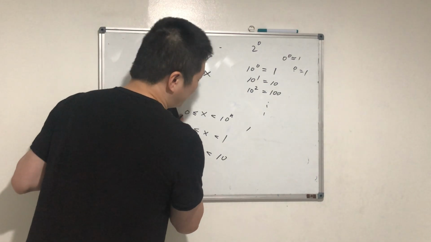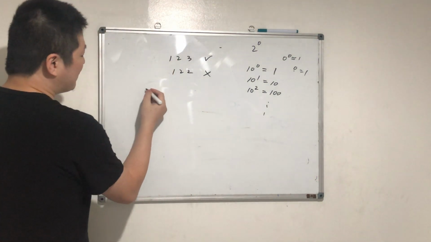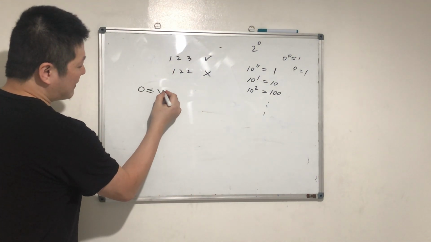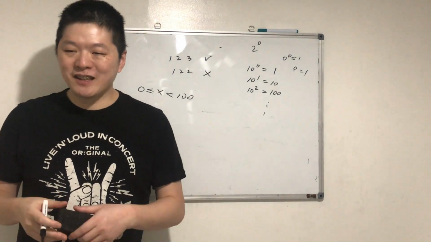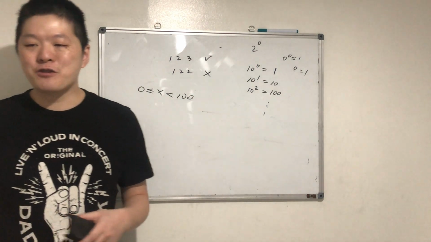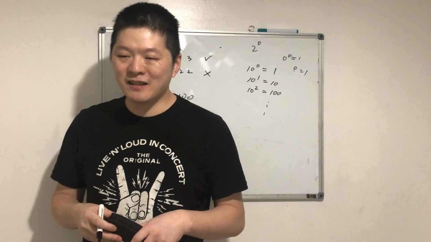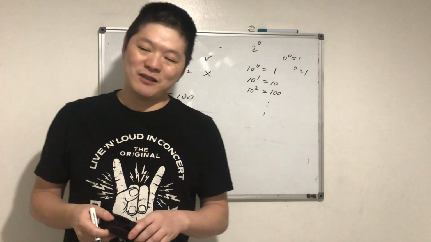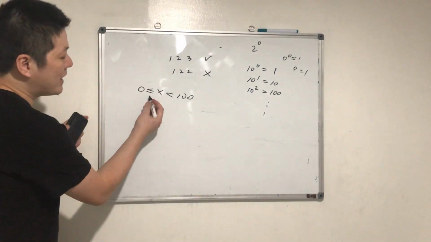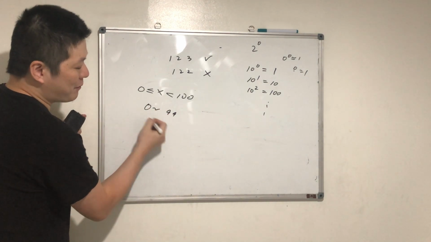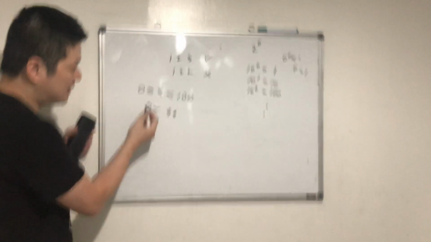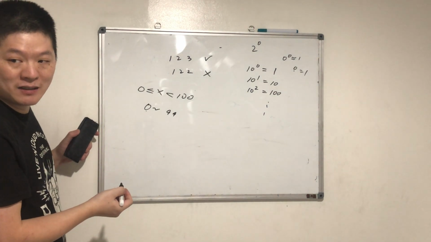And then how about 2? So we want to count x bigger than or equal to 0, smaller than 100. So any idea how we're counting this? How many numbers within this range, 0 to 99?